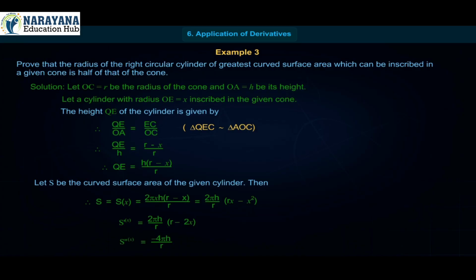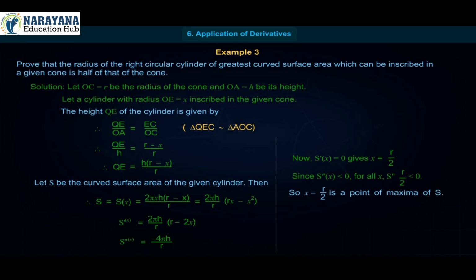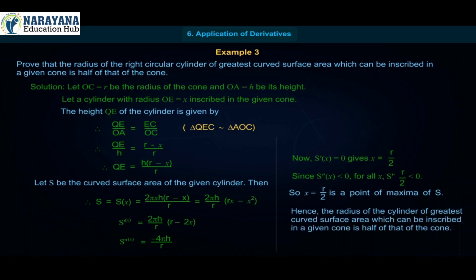S double dash of X is equal to minus 4 pi H upon R. Now S dash of X is equal to 0 gives X is equal to R by 2. Since S double dash of X is less than 0 for all X, S double dash of R by 2 is less than 0. So X is equal to R by 2 is a point of maxima of S. Hence, the radius of the cylinder of greatest curved surface area which can be inscribed in a given cone is half of that of the cone.